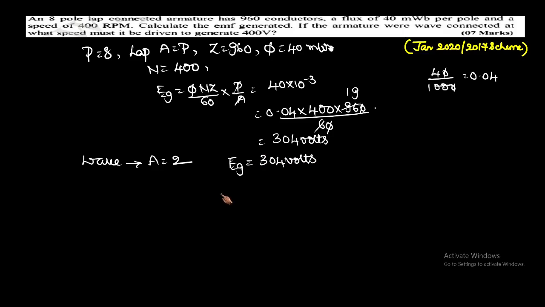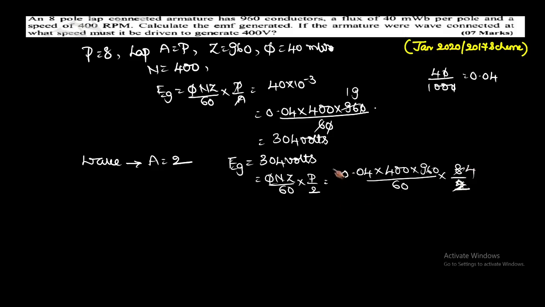If it is wave connected, the change you have to make is phi NZ by 60 into P by 2. Phi is 0.04, into speed 400, into conductors 960 divided by 60, into P, given as 8, by 2. You already got the earlier answer, 304, so you have to multiply 304 into 4.